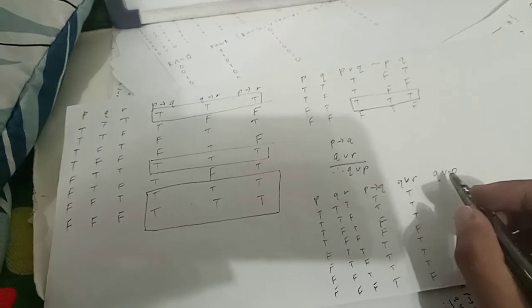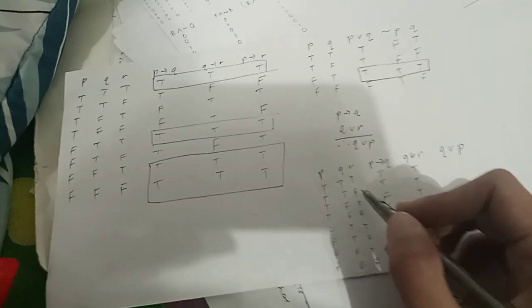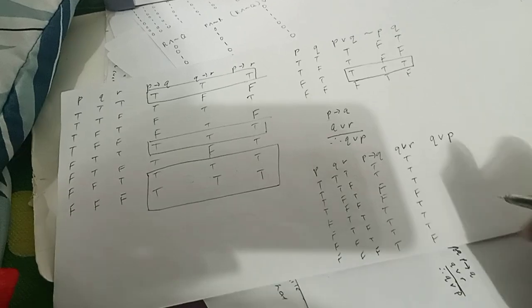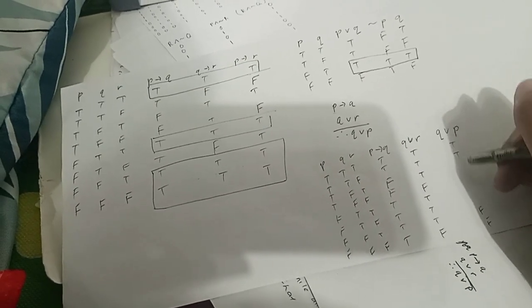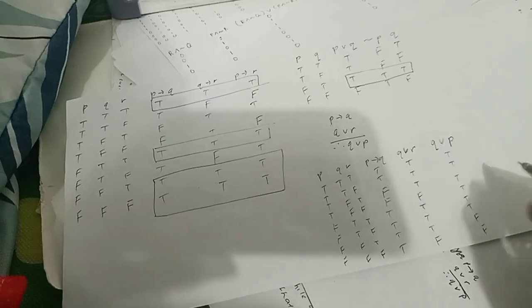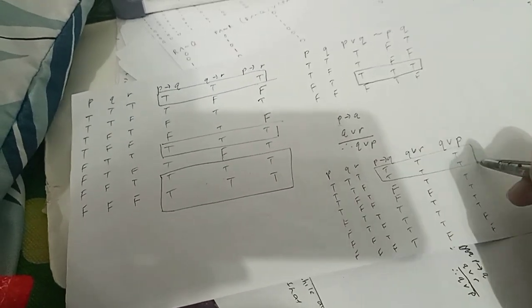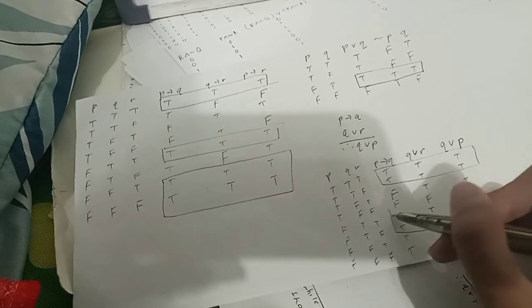Then Q and P, the same criteria. There are two cases where both are false, so it will be false. Otherwise, it will be true. So we can observe that this is good. This one also.